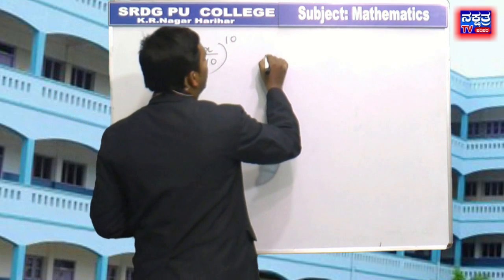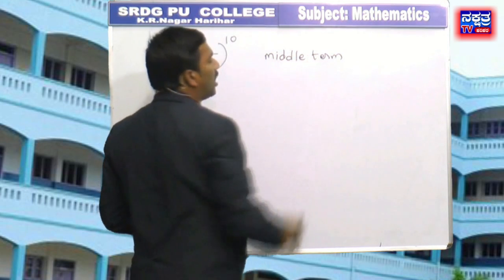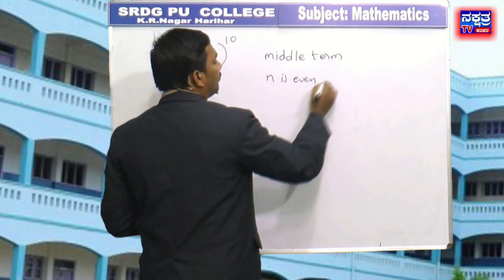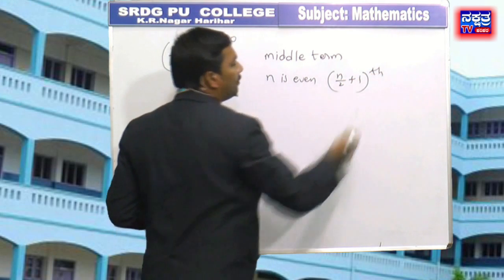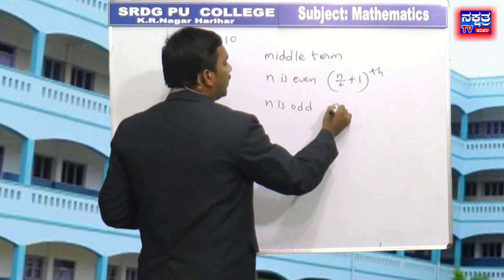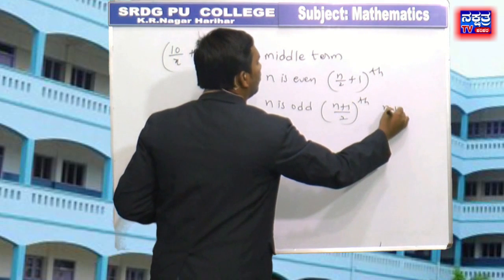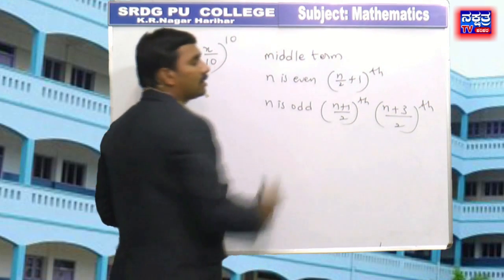Here the question is the middle term. So for the middle term we have two formulas. If n is even, then the n by 2 plus 1th term is the middle term, and if n is odd, then the n plus 1 by 2th term and n plus 3 by 2th term, these two are the middle terms.